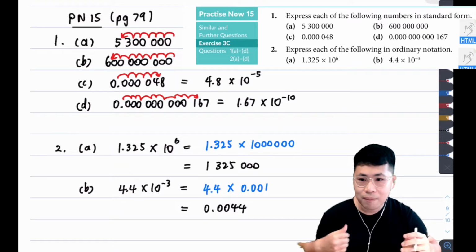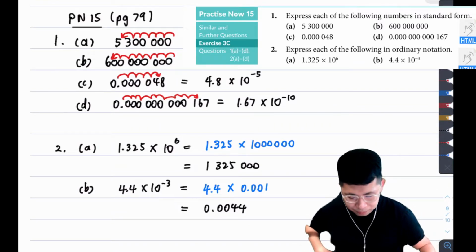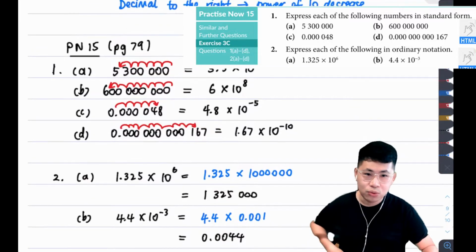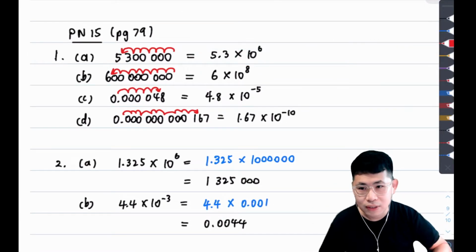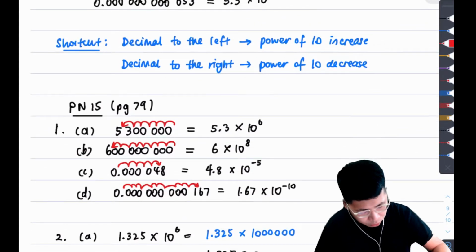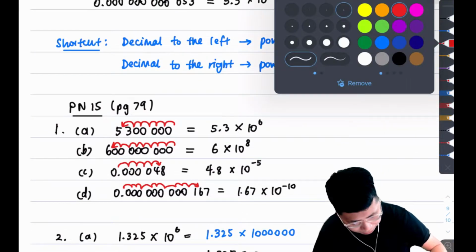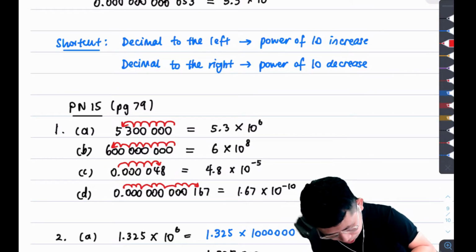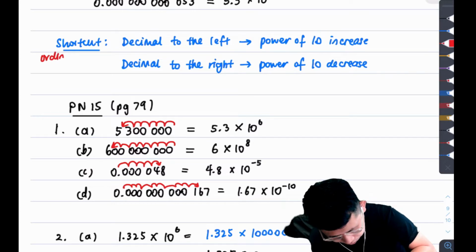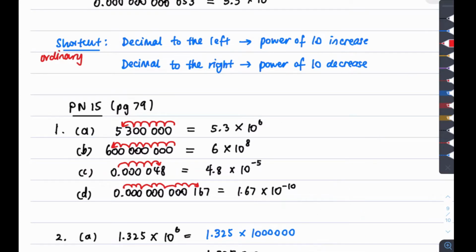So this rule and this shortcut over here is actually to convert, disclaimer, it is not always to the left or to the right. It is when you convert from the ordinary notation to the standard form.